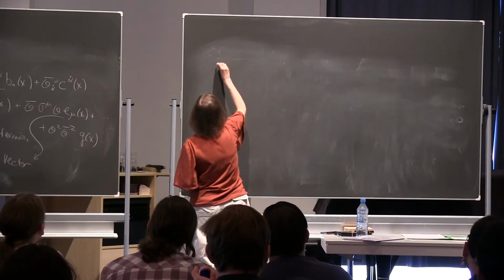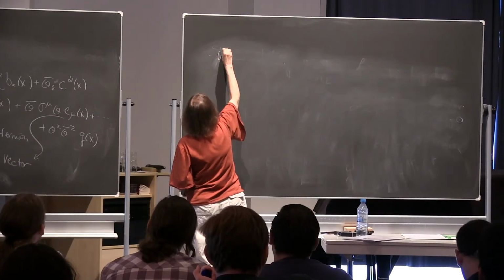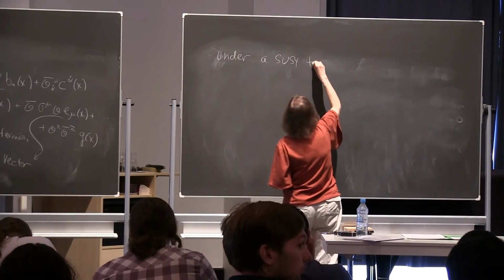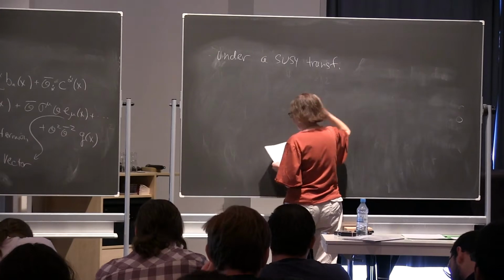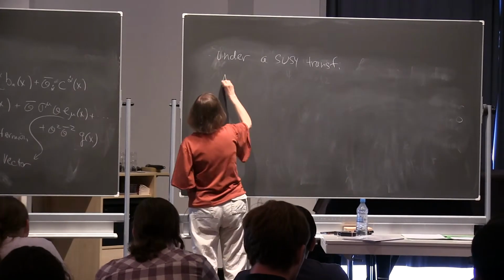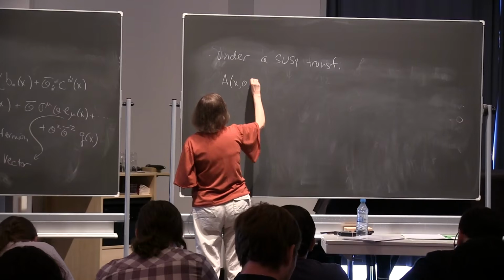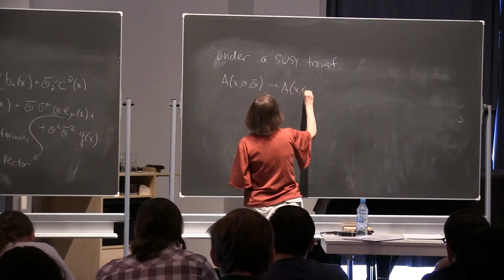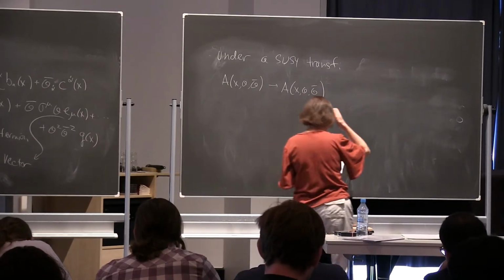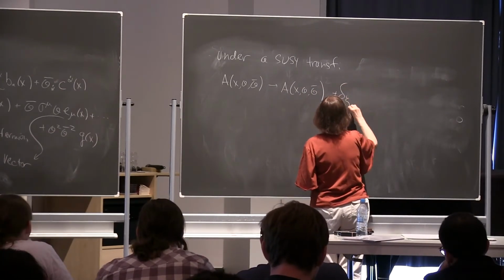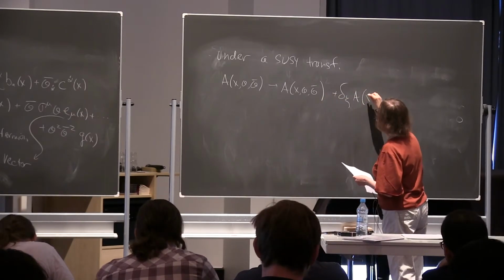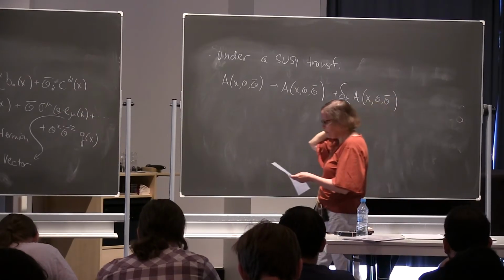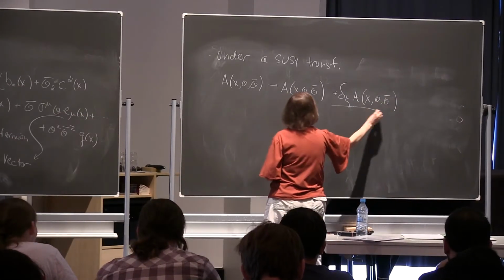Under a SUSY transformation, this A of x, theta, theta bar should go into A of x, theta, theta bar plus some shift. And now we can write down what this shift is.